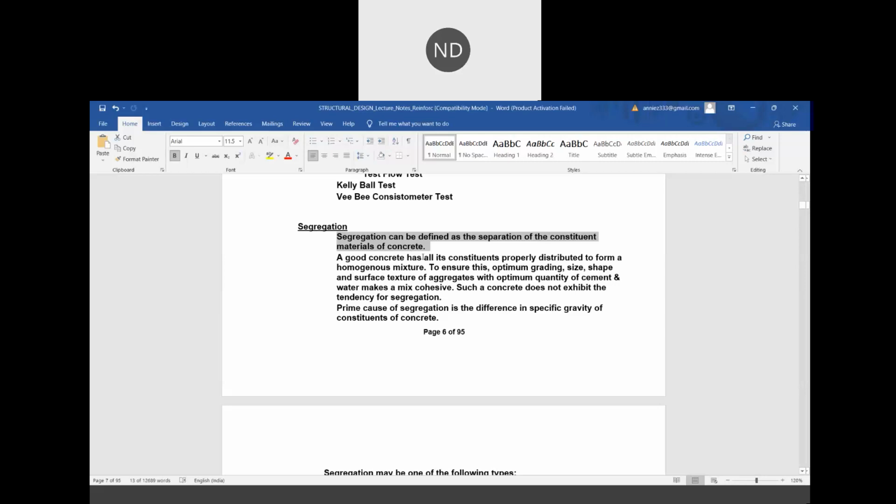Now a good concrete has all its constituents properly distributed to form a homogeneous mixture. You know, obviously this thing. To ensure this, optimal grading, size, shape, and surface structure of aggregates, with optimum quantity of cement and water, make a mix cohesive. Such a concrete does not exhibit the tendency of segregation.